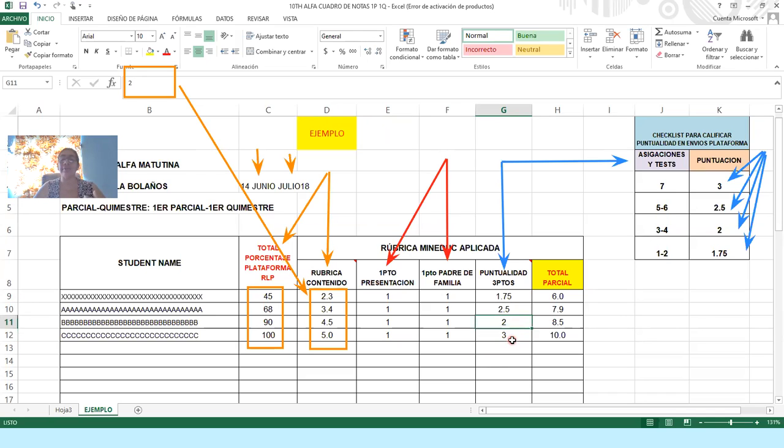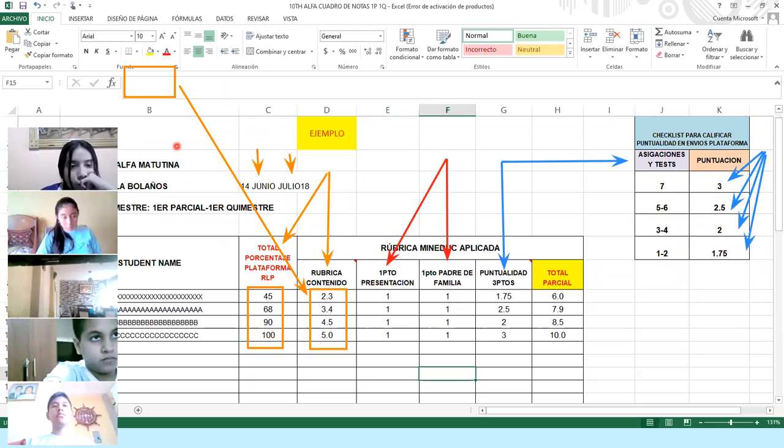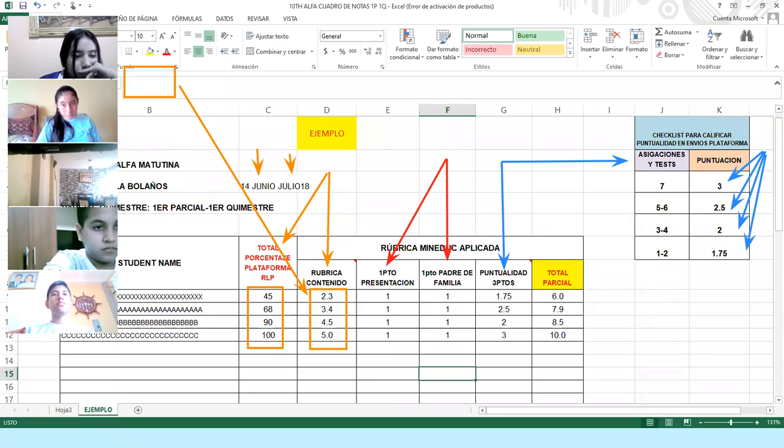¿Por qué hago esto? Alguien me va a decir, pero a mí eso no me parece justo. Sí, porque aquí en el total de la plataforma, ¿qué hemos hecho? Recuerden que se ha dado la oportunidad a todos de que trabajen en el clase material para su recuperación. Si olvidó una actividad, si olvidó una lección, si no lo pudo dar, usted aquí ya tiene todos los puntos recuperados si trabajó en el clase material como yo le indiqué. ¿Estamos claros, chicos? ¿Hay comprensión de lo que he explicado? ¿Alguna pregunta? ¿Puedo continuar ya con los promedios?